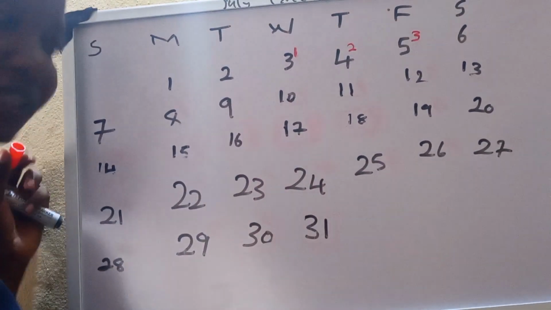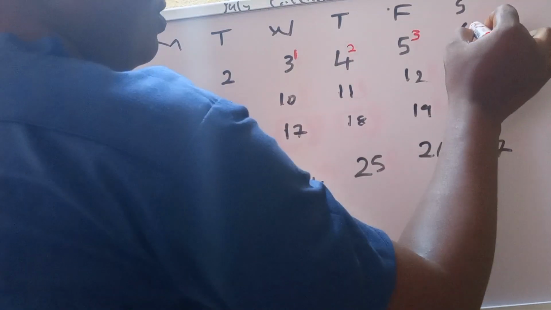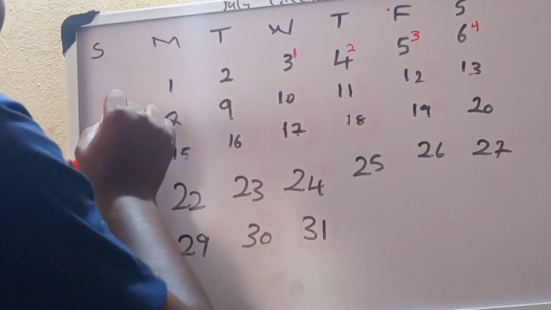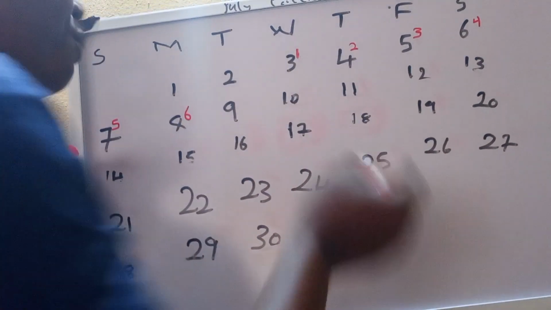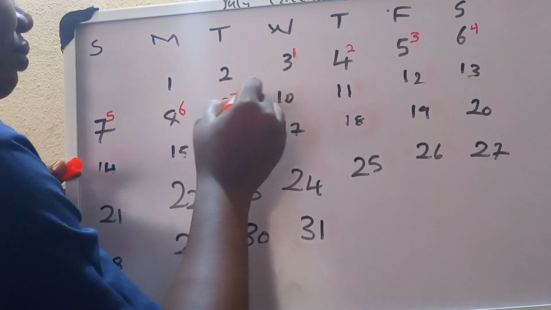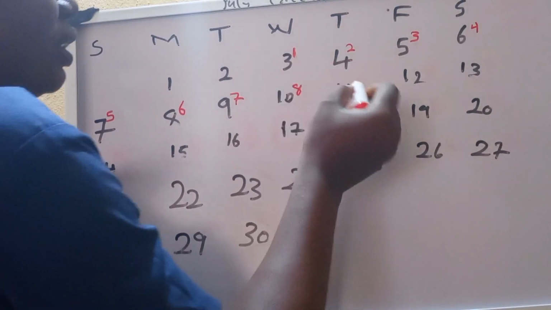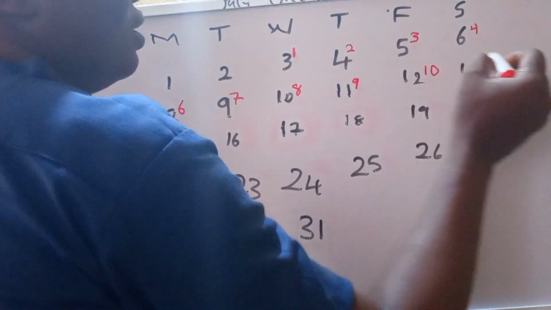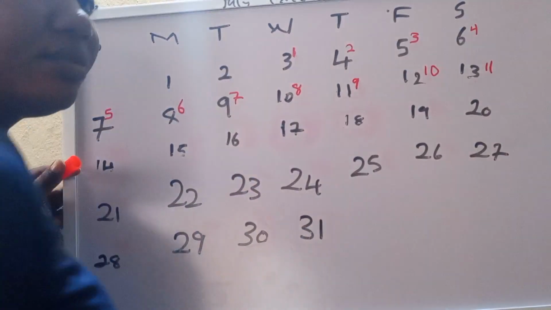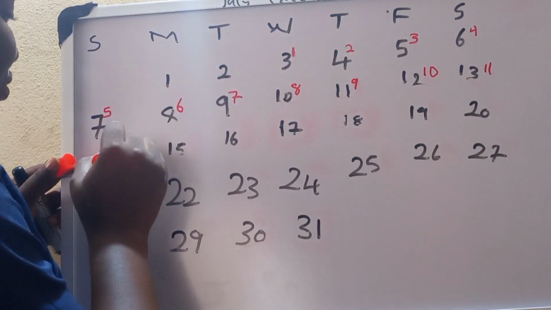We keep counting. This is four. This is five. This is six. This is seven. This is eight. This is nine. This is 10. This is 11. This is 12.